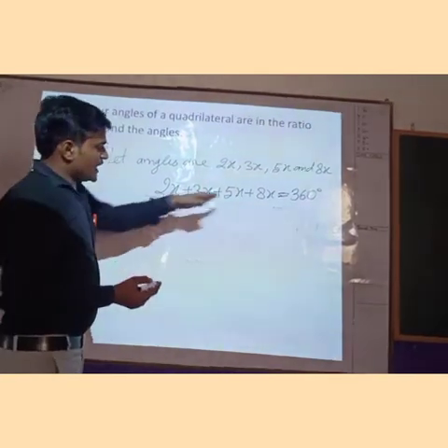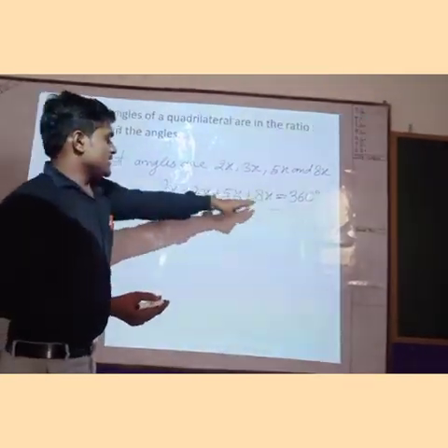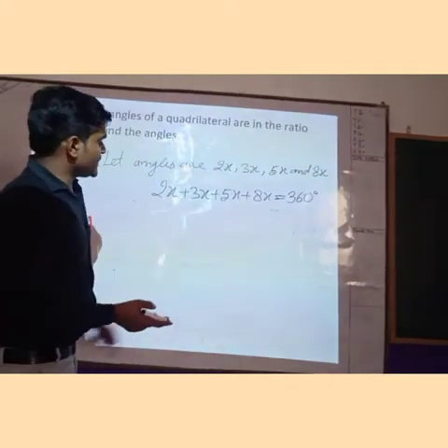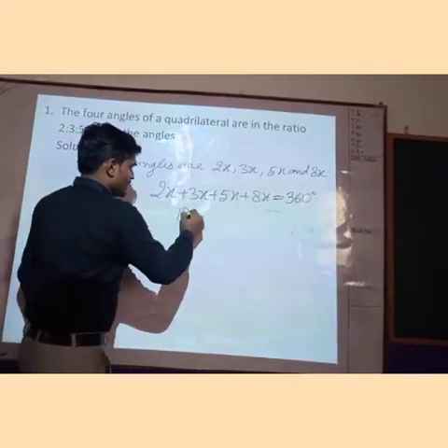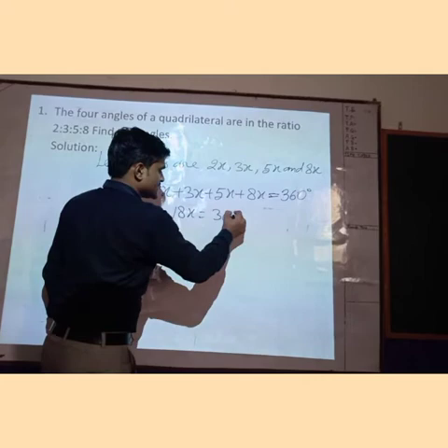Now children, we will add them. We get 5 plus 8 plus 3 plus 2, that is 18. Yes, 18x is equal to 360 degree.